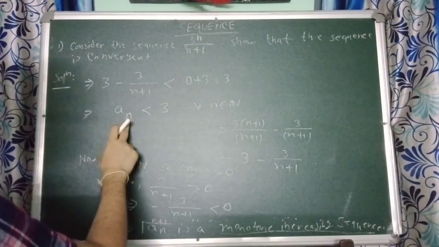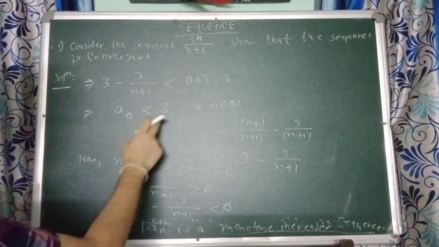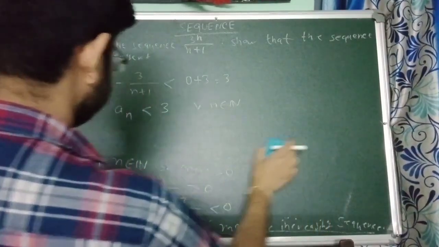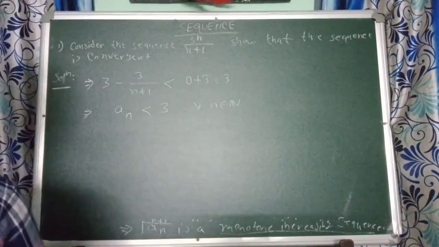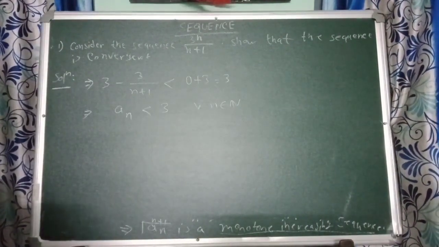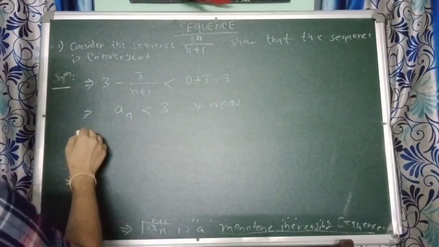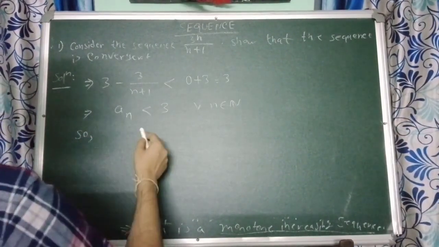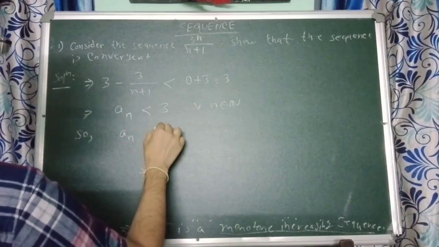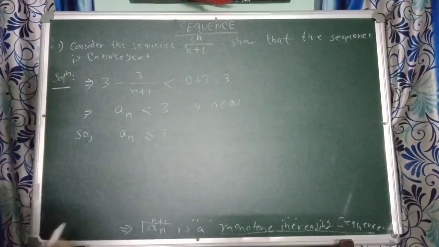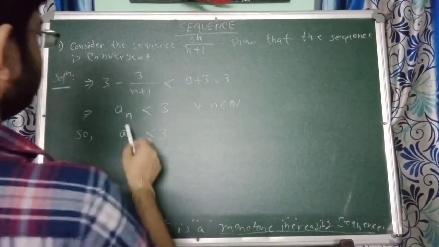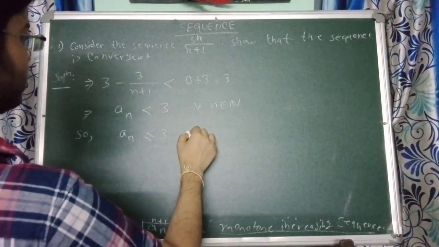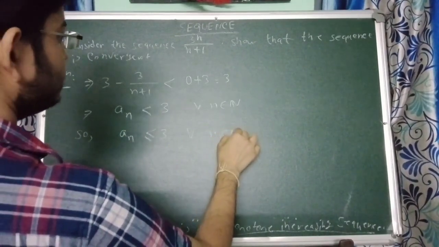That is, a_n is bounded by an upper bound. We can also write a_n is less than or equal to 3 for all n belonging to natural numbers.